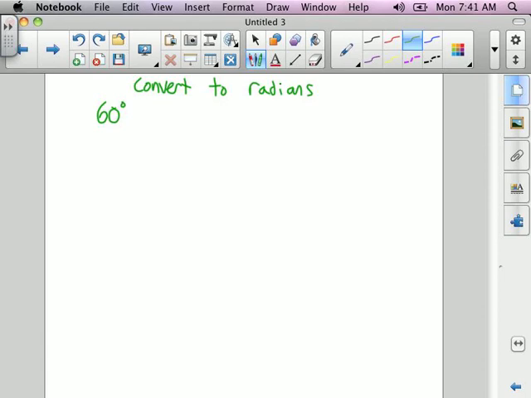Well, just like on the last slide, I remember that pi radians is the same thing as 180 degrees. I could have done 360 and 2 pi, it doesn't really matter, but this one at least has just a plain old pi and 180 degrees. Those are the same thing. So what I'm going to do right here, you can think about this degree symbol kind of like your unit on the problem. I want to cancel out my degrees.